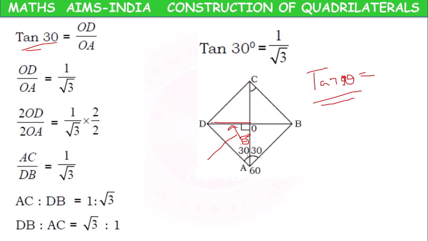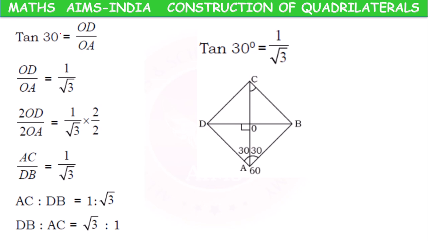Opposite to theta we have OD. Adjacent to theta we have OA. OD by OA. Because of the 90 degrees opposite, this will be the hypotenuse. So one side acts as opposite side, another side acts as adjacent side.